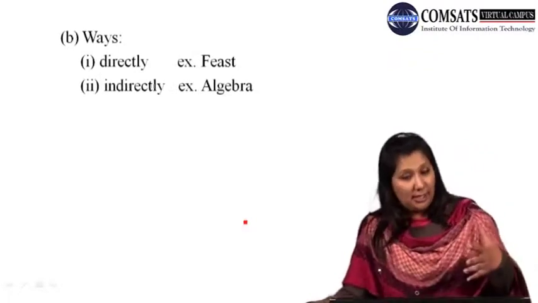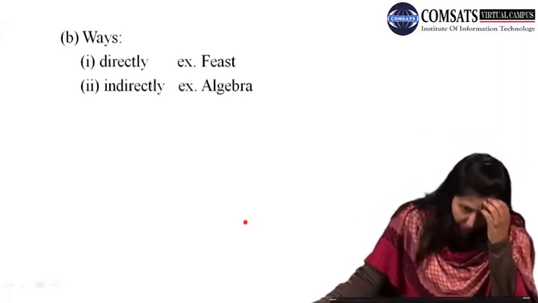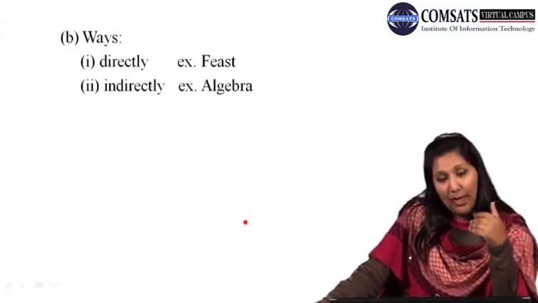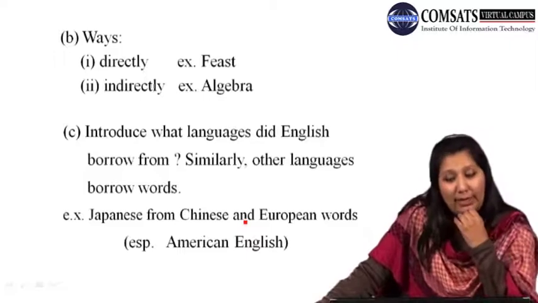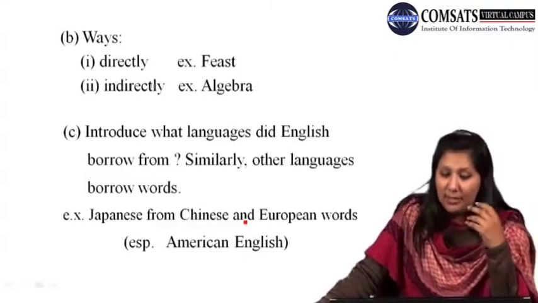Okay, there are some different ways. Some words are directly entered into one language. For example, feast. There are some words that are indirectly entered into one language. For example, algebra. What languages did English borrow from? Similarly, other languages borrowed words.